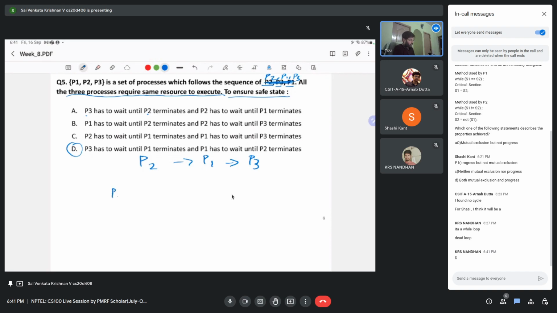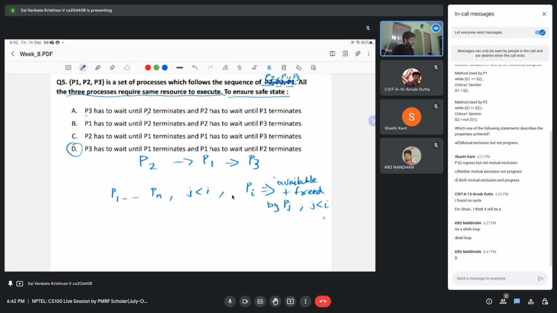Given P1 to Pn, and j less than i, process Pi, if it's waiting for some resources, then it should only depend on the resources that are already available plus whatever resources would be freed by processes that came earlier than Pi, that is Pj, where j is less than i.